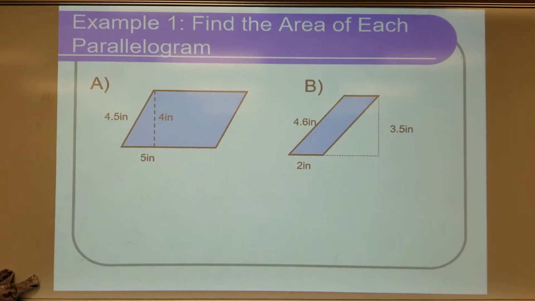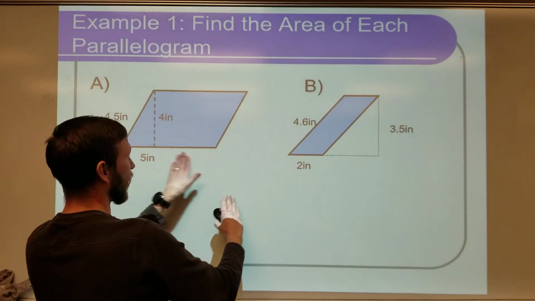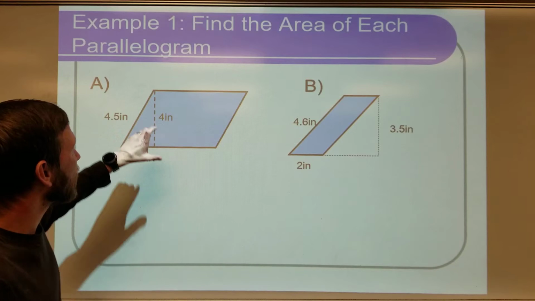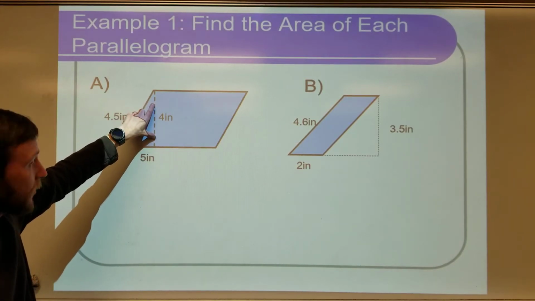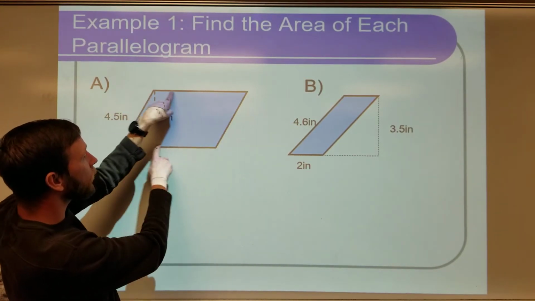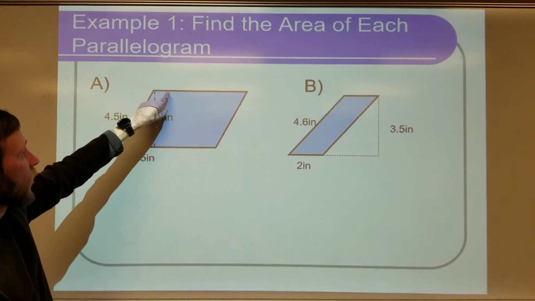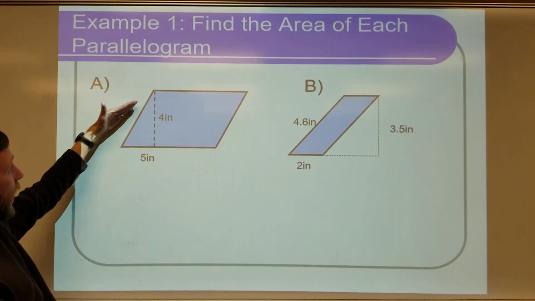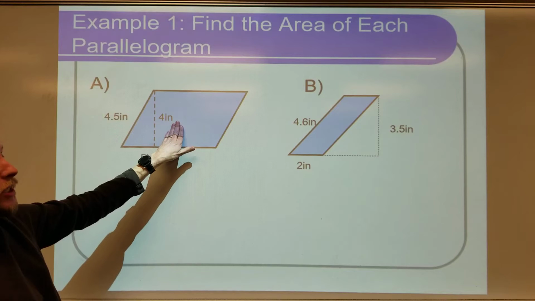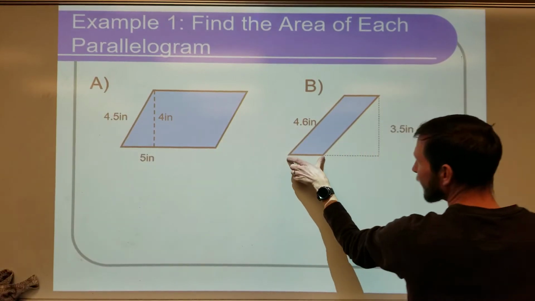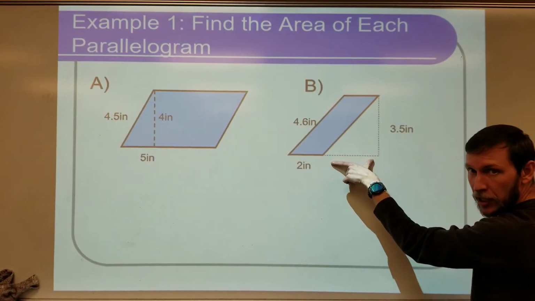All right, so in these pictures, as you are looking, you can notice that maybe the bottom of each of these parallelograms can be the base. So this is 5 inches, this is 2 inches, but then that perpendicular distance between these parallel bases is the height. All right, so this 4.5 inches is not the height, 4 inches is the height. Over here, this segment is 2 inches. We don't know anything about this.